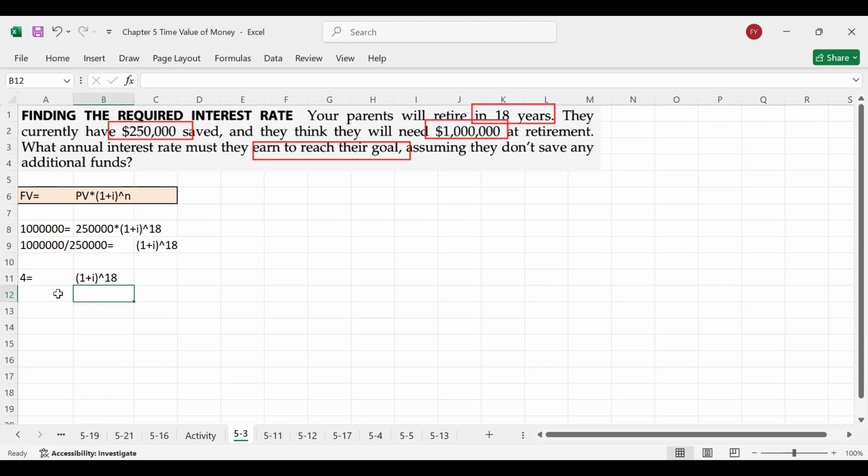In order to solve this part, we can multiply both sides by 1 over 18.